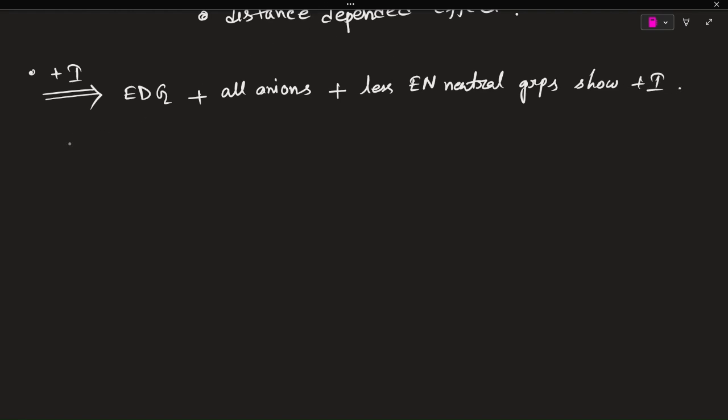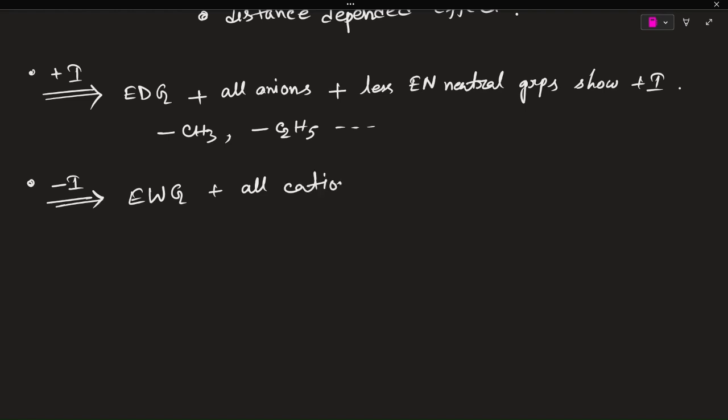For example, CH3, C2H5. And for the minus I effect, electron withdrawing groups, all cations which have positive charge, and more electronegative neutral groups.